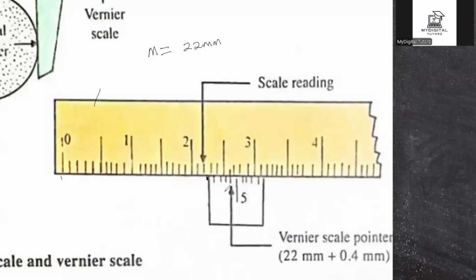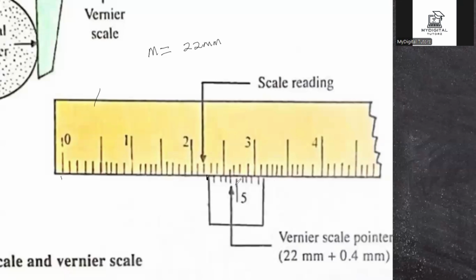Now, for me to get my vernier scale, I'll be looking at a point where any line on the vernier scale is on the same straight line with another line on the main scale. We call it the point of coincidence.